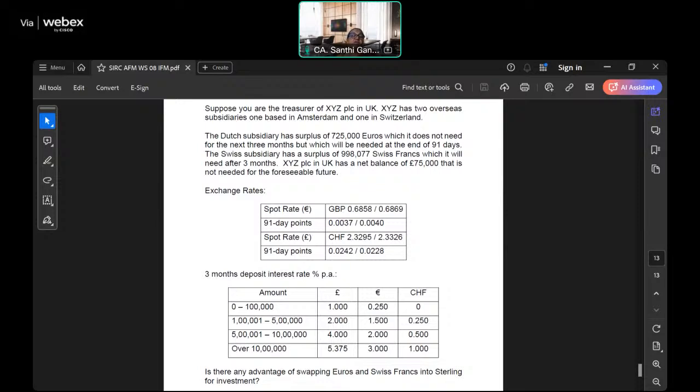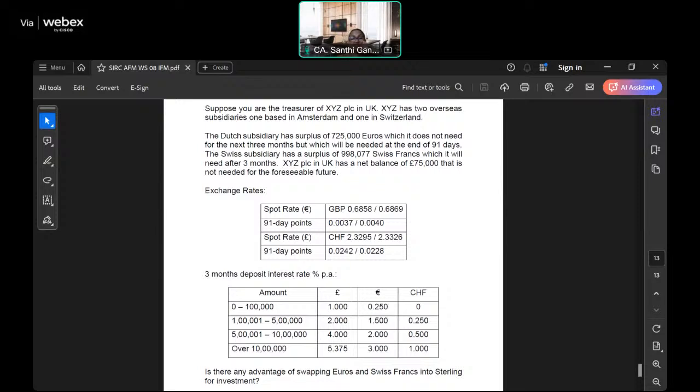Is there any advantage of swapping euros and Swiss franc to GBP for investment? Question contemplates two scenarios. Invest euros, CHF, GBP at the respective markets locally, or exchange euros and CHF into GBP and invest in London.